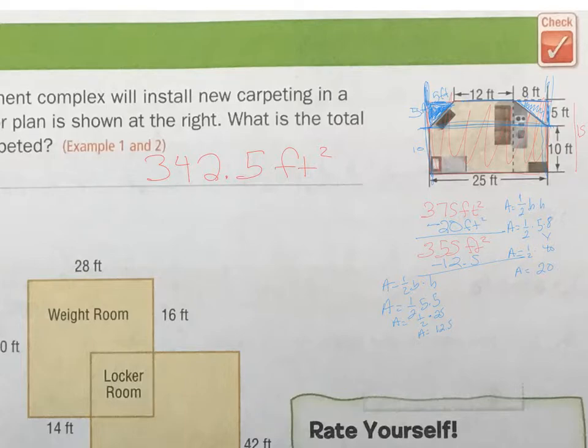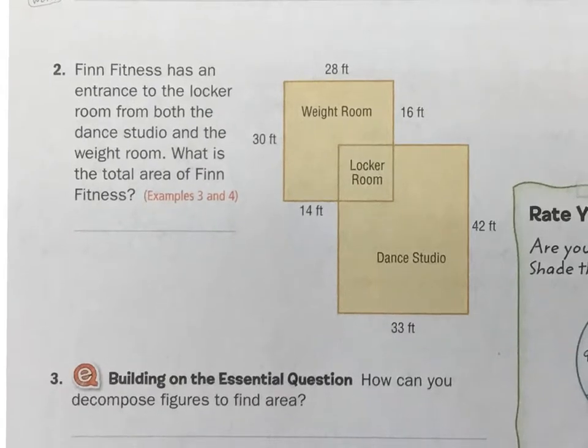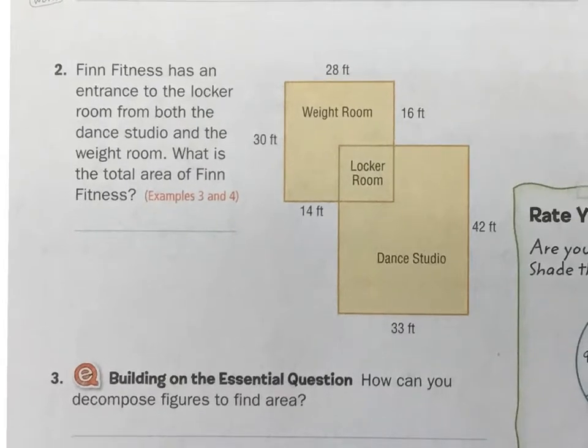Okay? Alright, let's look at number 2. I do love these. I think they're interesting, and they make you think. Okay, Fitness has an entrance to the locker room from both the dance studio and the weight room. What is the total area of Fitness? Okay, so I'm going to find this right here, and then I'm going to find this right here.